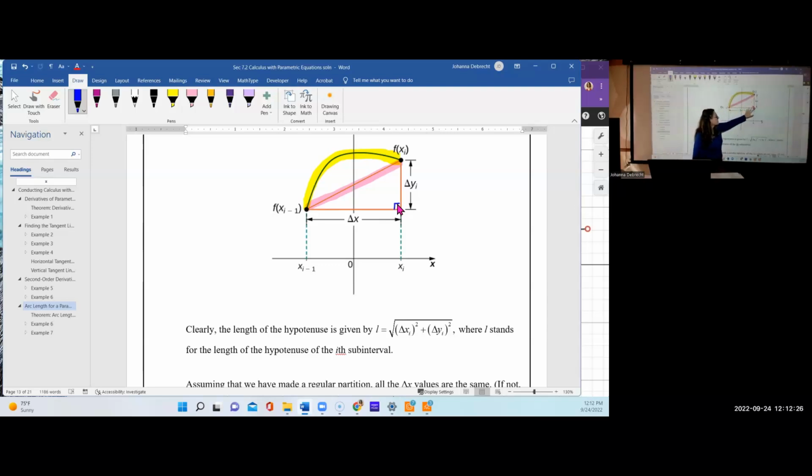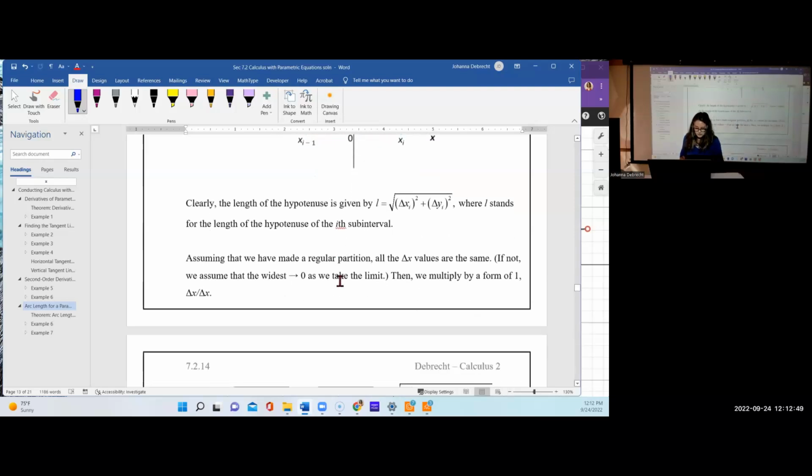So this is the width of the ith subinterval in both the x and the y directions. You square them, you add them together, and then you take the square root. It's just the Pythagorean theorem. So this gives us the length lowercase l of this part right here, the length of the hypotenuse of the ith subinterval.